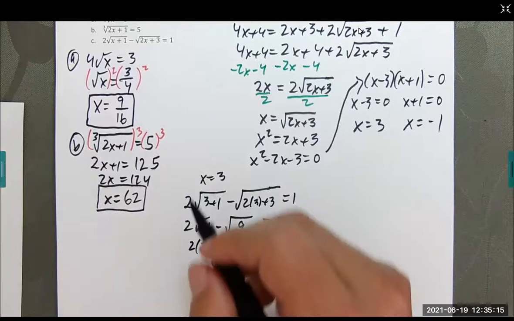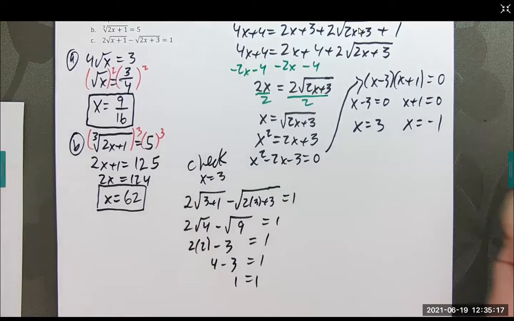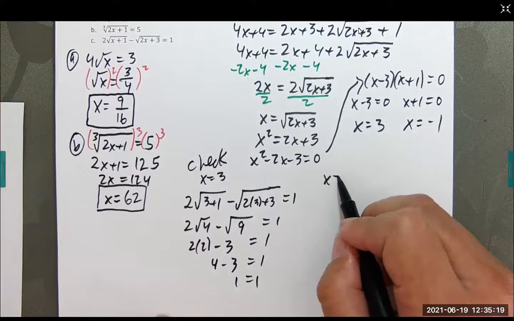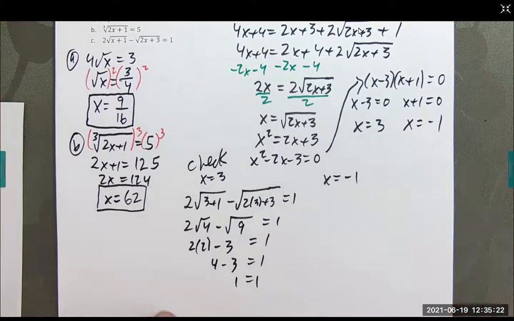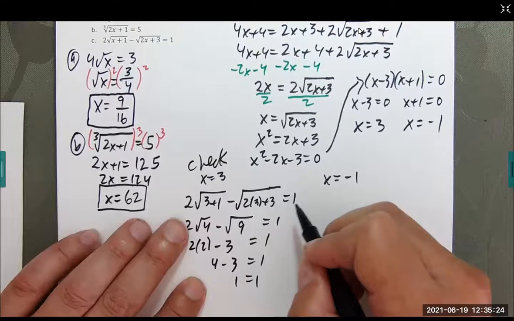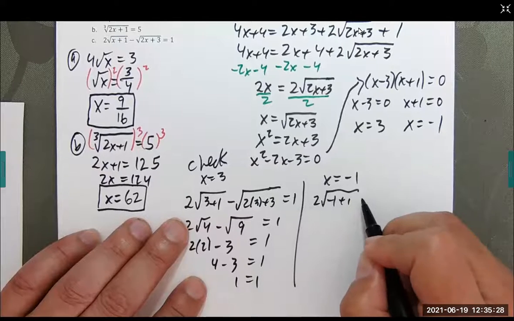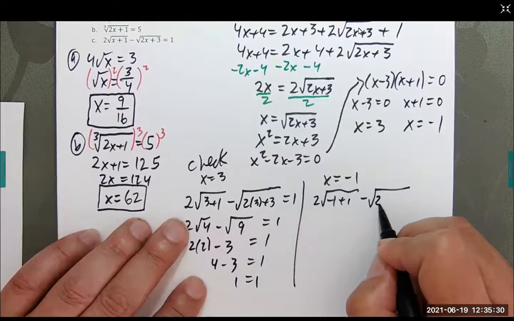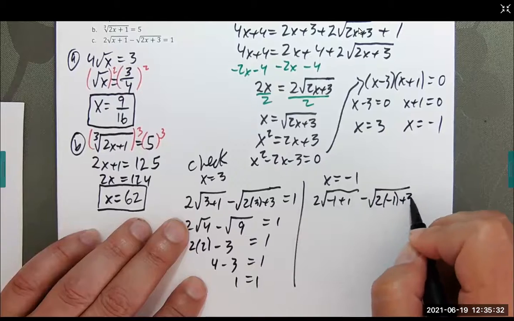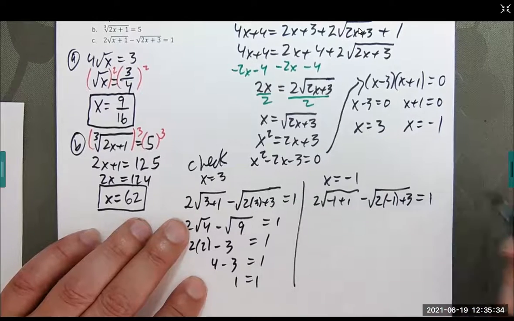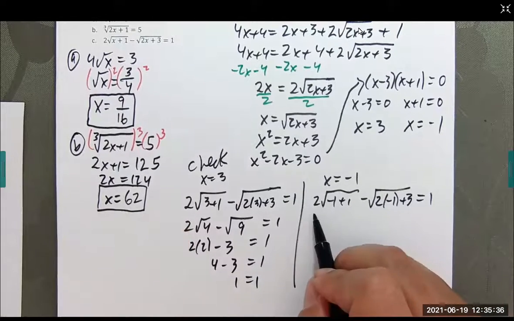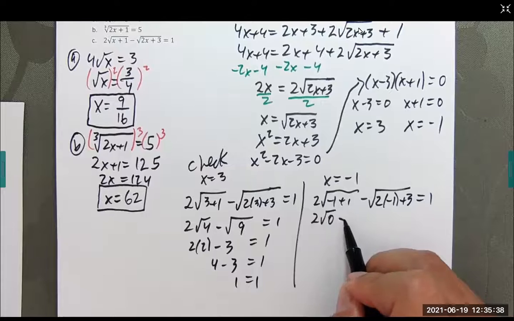I gotta check it. We also have to check x equals -1. So we have 2 radical -1 plus 1 minus square root 2 times -1 plus 3 should equal 1. This gives me 2 root 0 minus the square root.